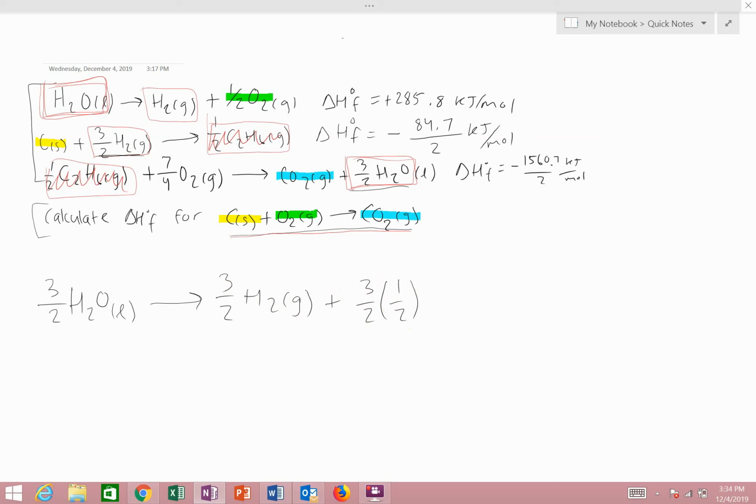So let me rewrite it that way. So we have 3/4 moles of oxygen gas. And now our enthalpy change is going to equal positive 285.8, I'm sorry, times 3/2. It's going to be kilojoules per mole.